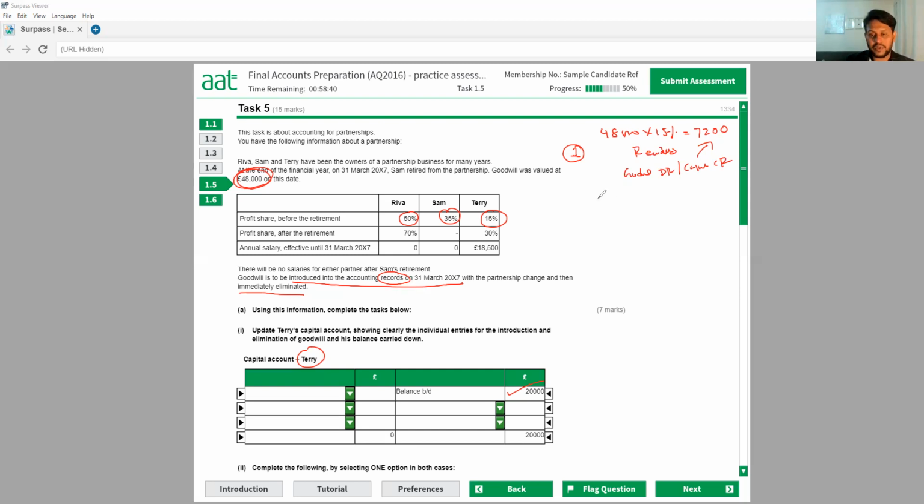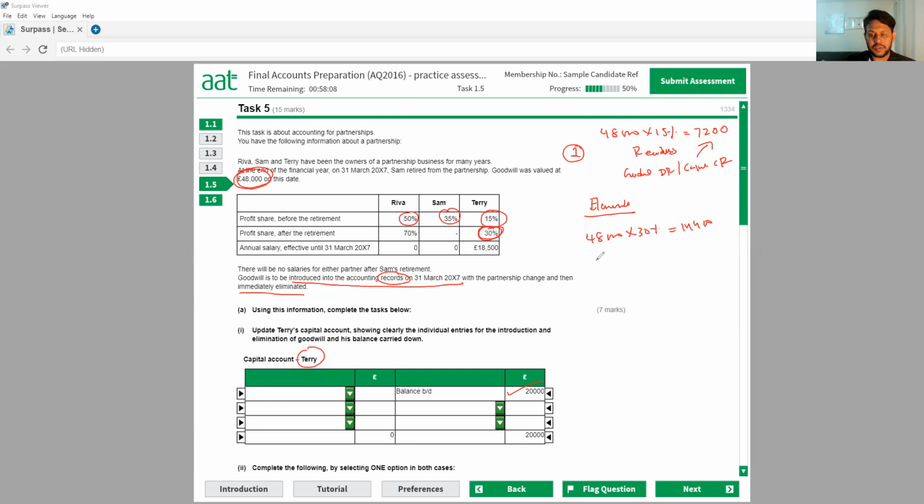On the other hand, when you eliminate the goodwill, the capital will be debit with the new ratio. So 48,000 with the new ratio. What is the new ratio after retirement? The new ratio is 30% for Terry. 48,000 times 30% gives me 14,400 as the new ratio.